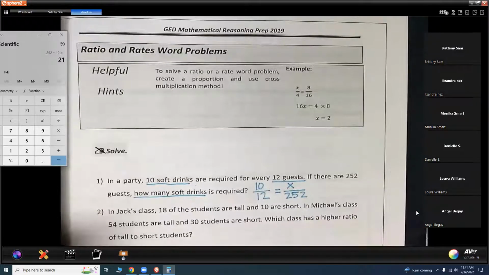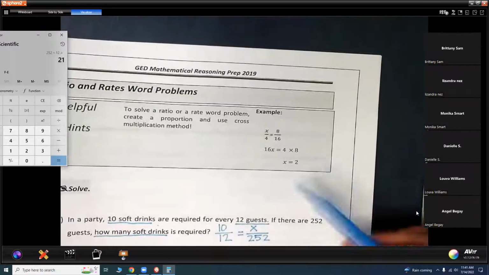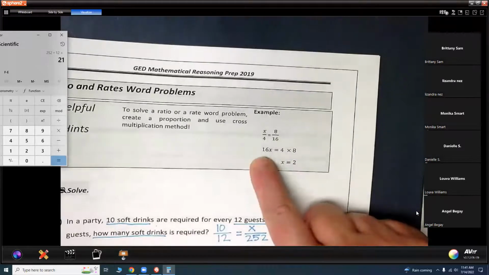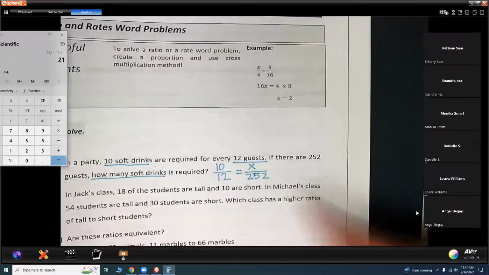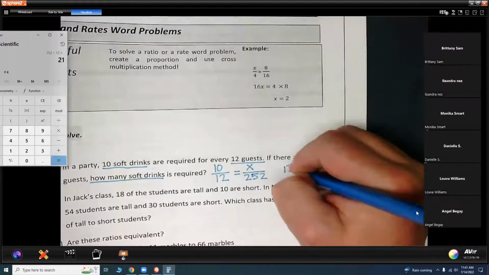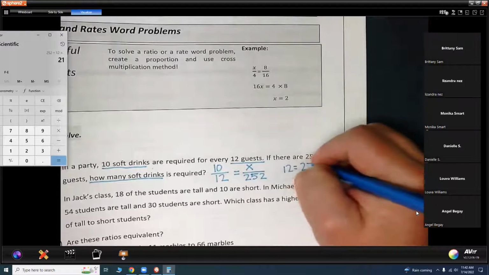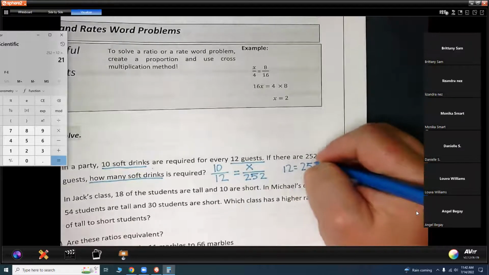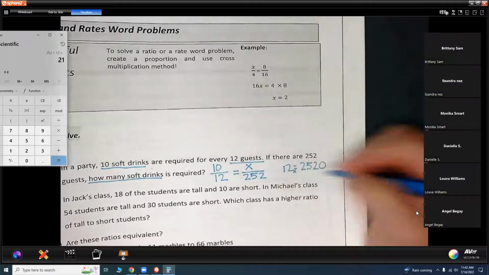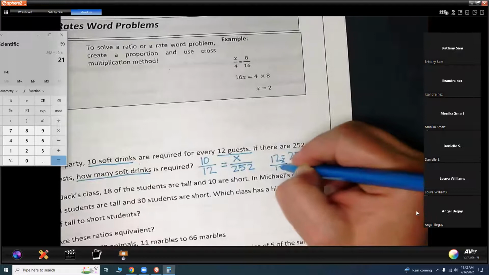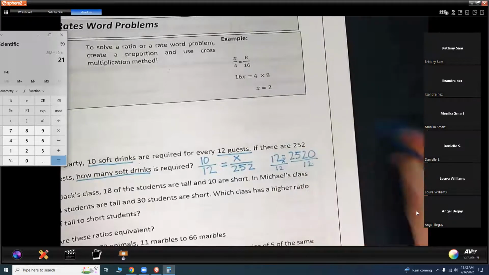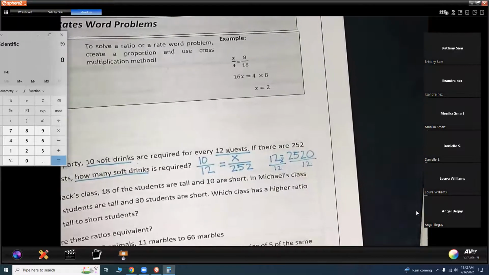What this is telling us is that we do something called cross multiply and then divide. So we cross multiply: 12x equals 2,520. Then divide both sides by 12 to get x by itself.